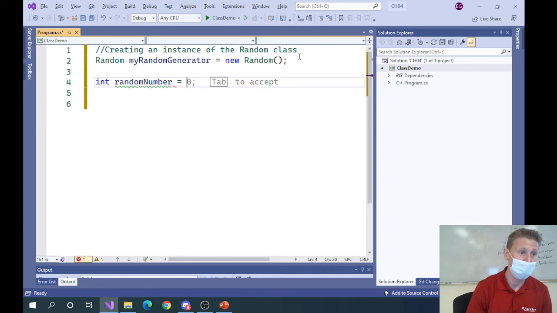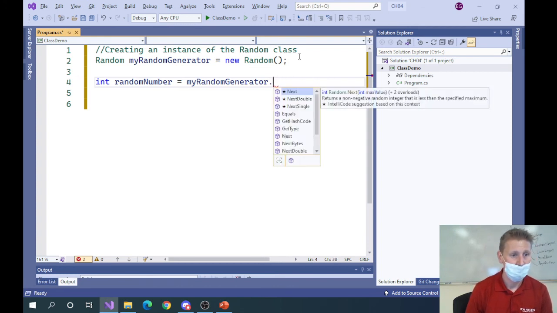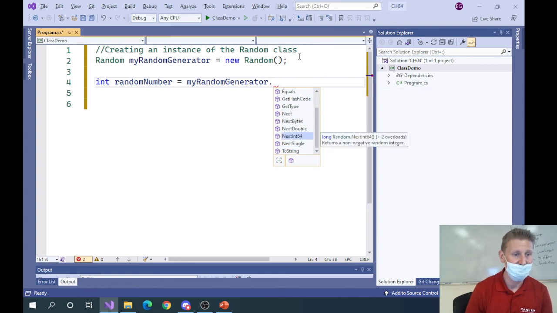Now to actually get a random number, we have to use my random generator, and we're going to call, as you kind of saw hinted, the method Next, or NextInt. Next is the method that's going to return an int.